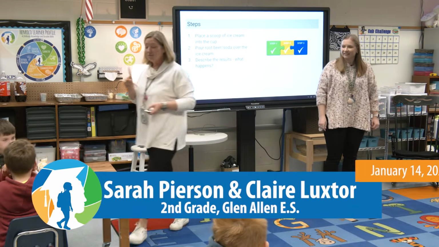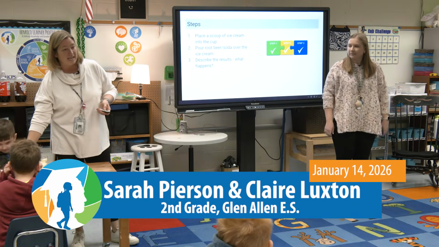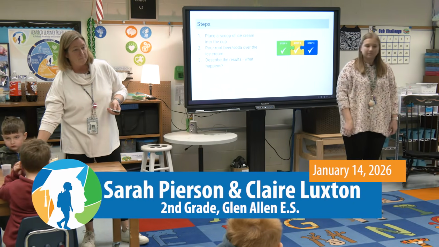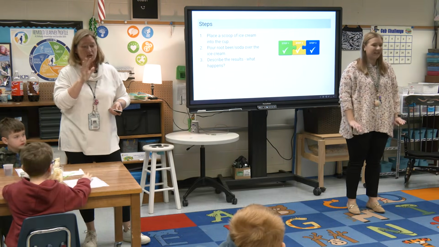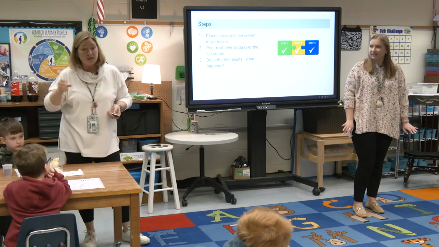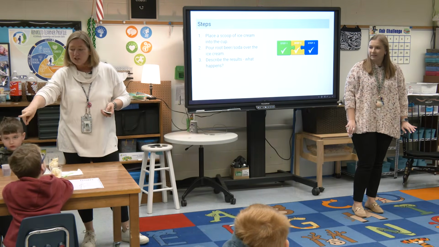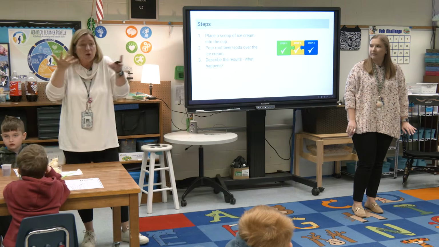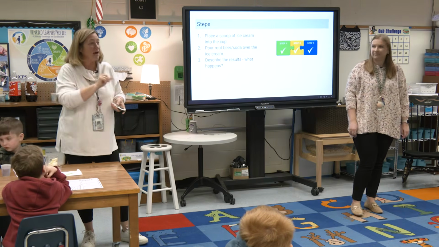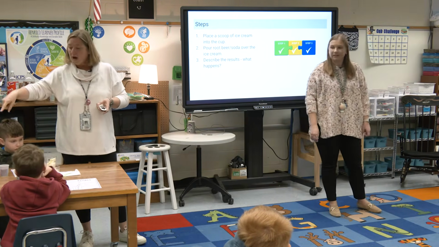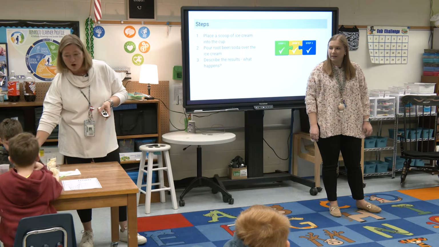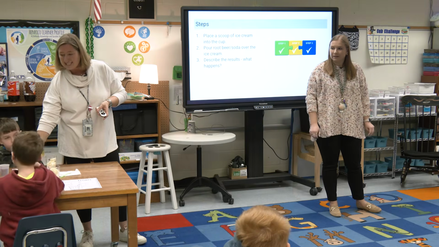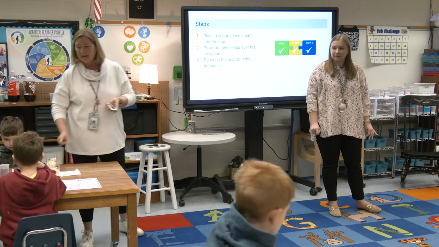But you have to describe what's happening in your box down here. Can you just start eating it right away? No. Be careful because sometimes when you pour it, it bubbles over. So be careful with your experiment. You're going to pour your soda into your cup and you're going to draw your observations in step number 3.